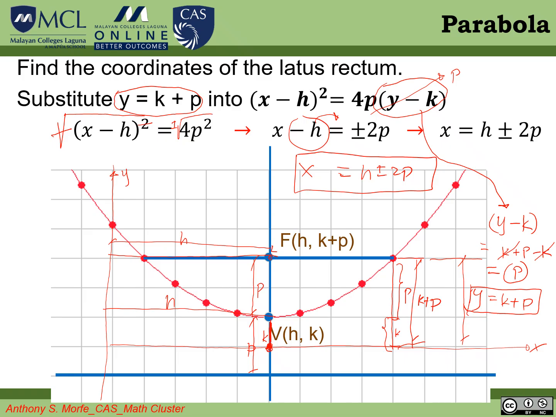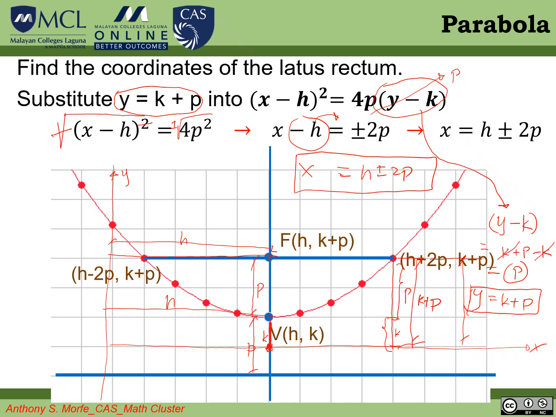So what does it mean? That means the coordinates of this point is simply h, and this is 2p, negative 2p. So we just substitute it here.